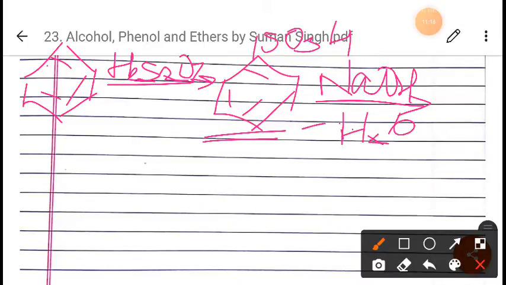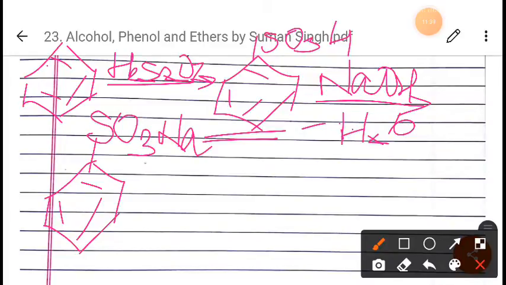After that, it will give sodium benzene sulfonate, which I am writing here, like this, SO3Na. Which is further fused with NaOH to give sodium phenoxide under high pressure.